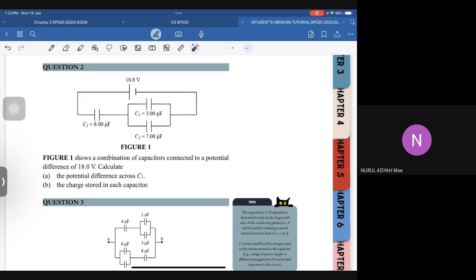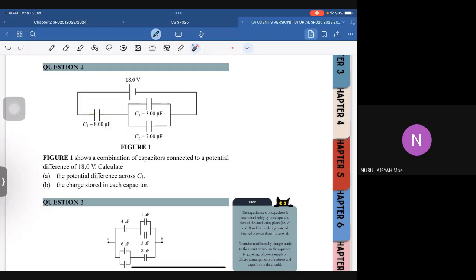So now we have a combination of capacitors. This is connected in parallel. This one, if we simplify, will be in series. The question asks us to calculate the potential difference across capacitor 1. Across capacitor 1 is this one here.